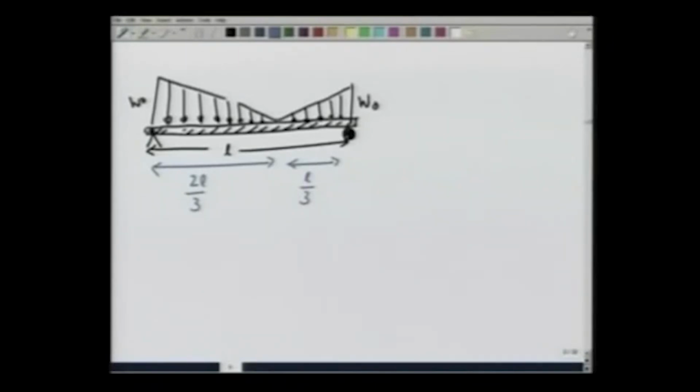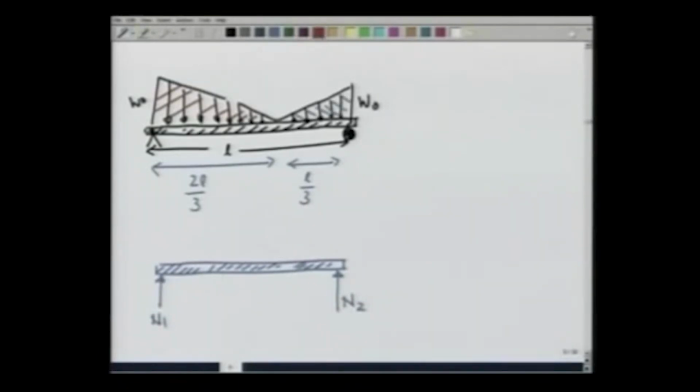For that, what I need to do is take this beam and make a free body diagram. We will assume that the reaction at this point is N2, the reaction at this point is N1, and the forces due to the loading I will split into two, one due to this triangle to the left and one due to this triangle to the right.